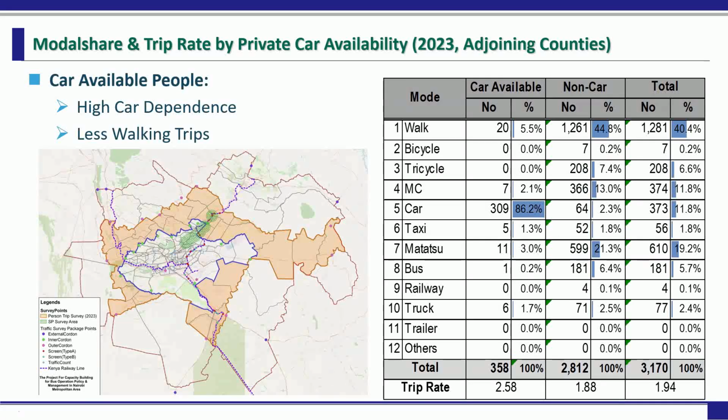Among the groups, there are non-car owner groups, meaning a majority of the Kenyan people walk. Nearly 50% of their trips are made by walking. However, among private car owners, it is just 5.5%.